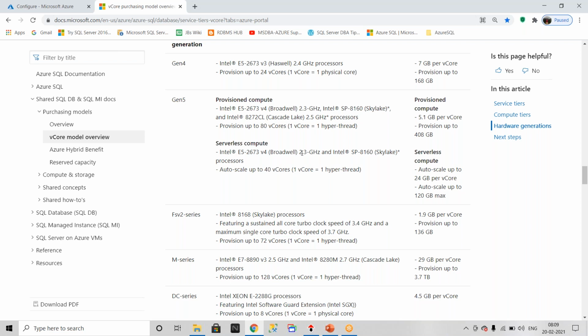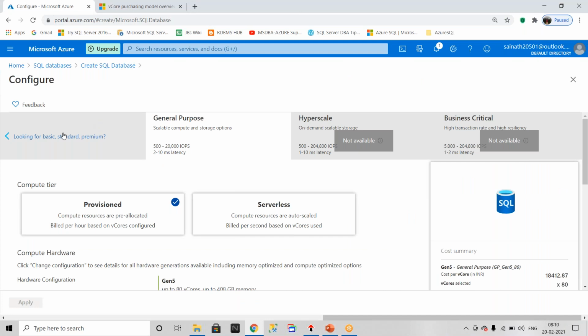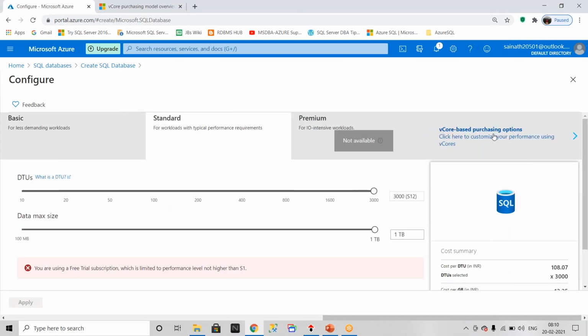But under general purpose, what is the serverless option, sir? I am not going to discuss it yet. Once everyone is clear on this part, then I will go for it. So let me go back. vCore.